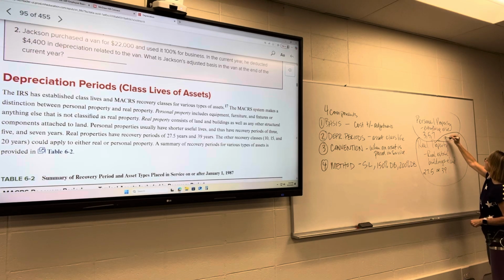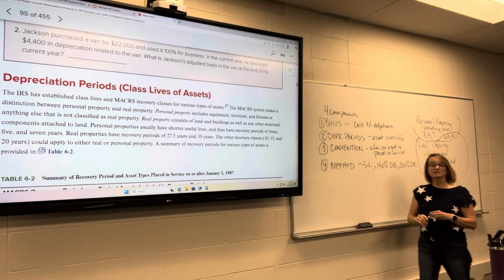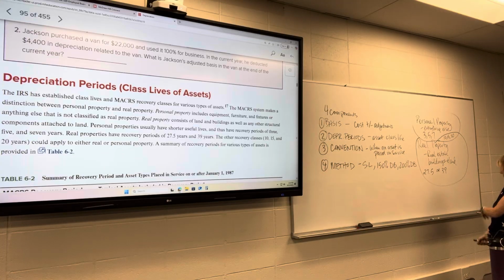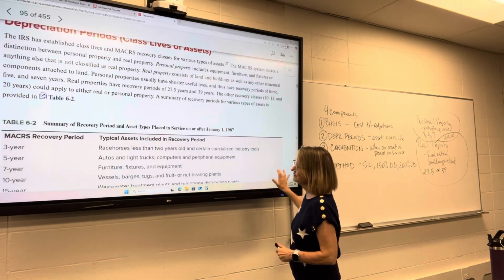These are 10, 15, 20, meaning it could be real property, it could be personal property. But these are our class lives. That's it. So 3 years, 5 years, 7 years, 10 years, 15 years, 20 years, 27 and a half, or 39 years. So those are the class periods.